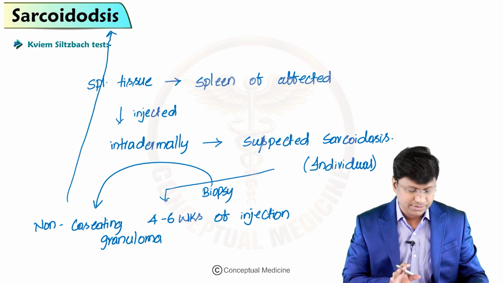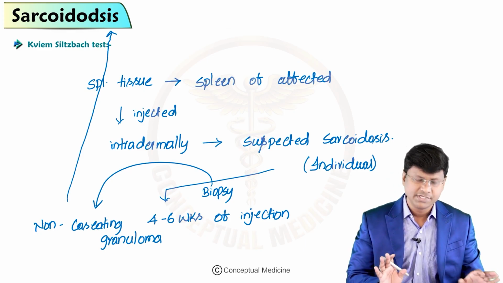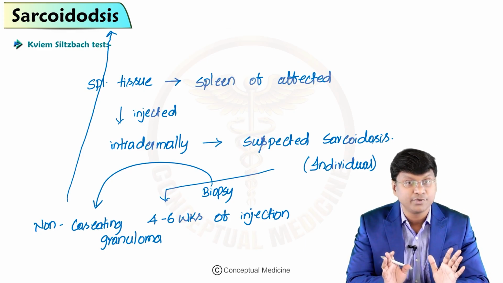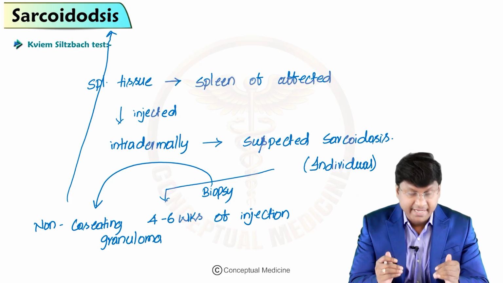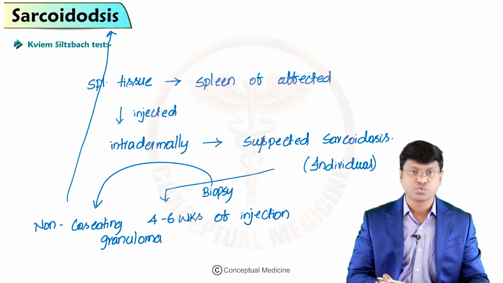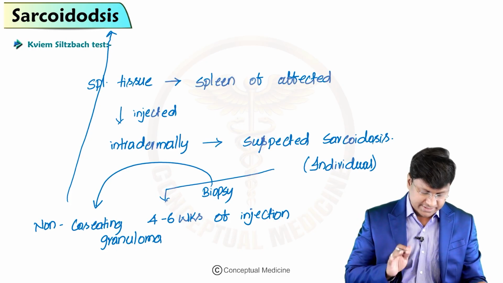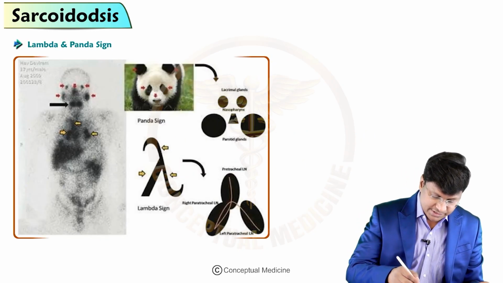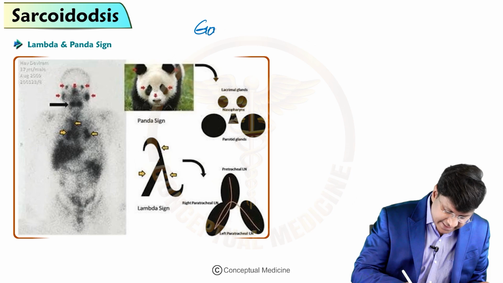That is what is your Kveim-Siltzbach test. This is only of historical importance. We are not doing this, but from an academic point of view, you can be asked a multiple choice question from this Kveim-Siltzbach test. Next, another important test is gallium-67 uptake.